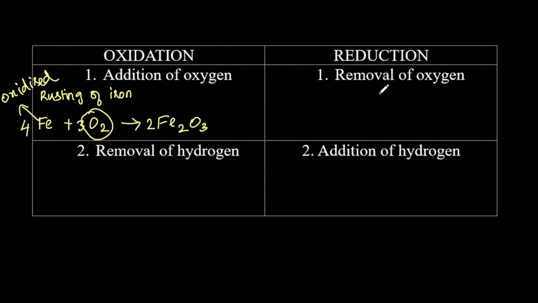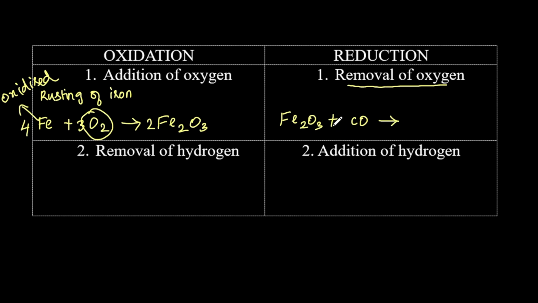In a similar way, removal of oxygen is also considered a separate chemical reaction, and that is given the name reduction. So what is reduction? Reduction is the removal of oxygen from a compound. Let us take iron oxide again, and we are adding carbon monoxide to it.